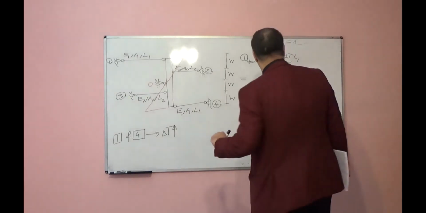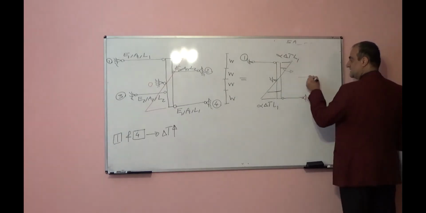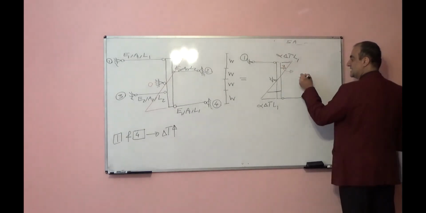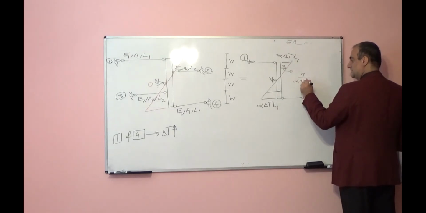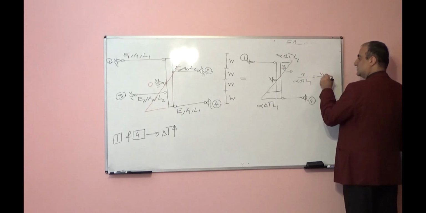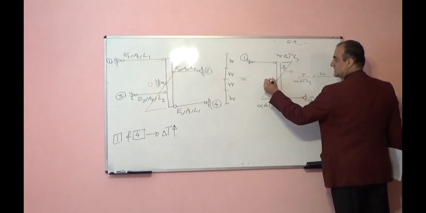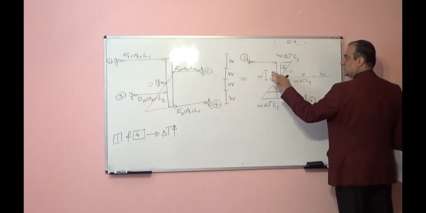From similar triangles we can find that if this deformation in the horizontal direction has magnitude x, x divided by alpha delta T L1 is equal to W divided by 2W.